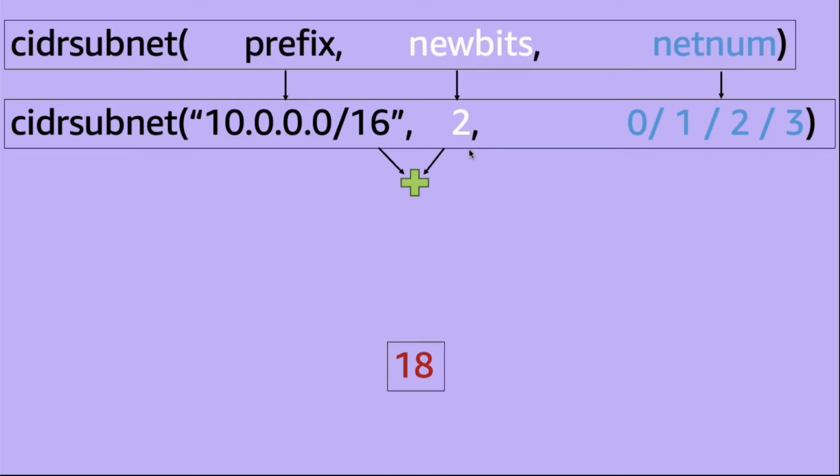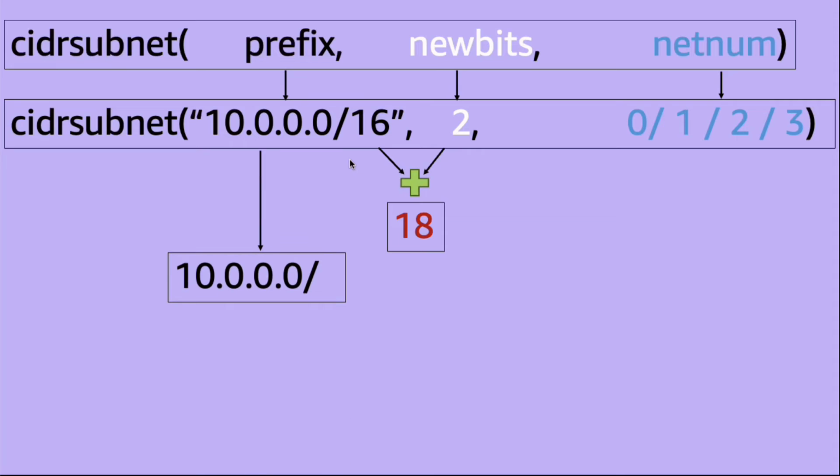That gives 18. Now, to create the subnets from this particular CIDR block, netnum is an index. 0 is one index, 1 is another index. Index means the nth subnet in the CIDR block. For example, I'll take the base prefix of 10.0.0.0.